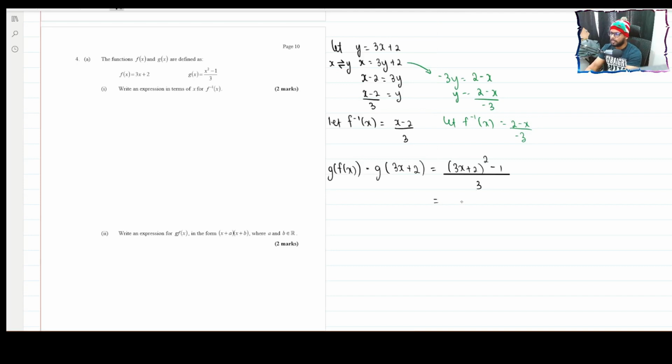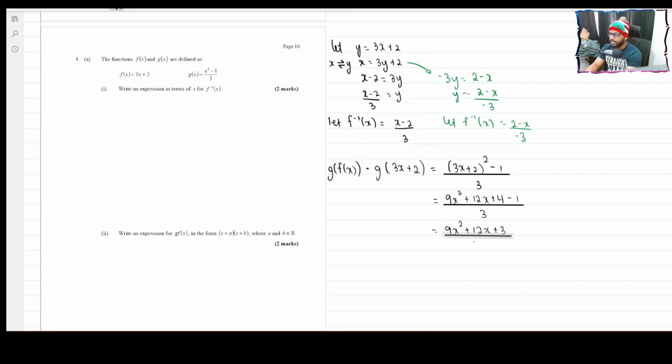Working on my numerator, by now, as Form 5 students, you all should be able to expand 3x plus 2 squared very easily. This is 9x squared plus 12x plus 4, take away 1, all over 3, which is 9x squared plus 12x plus 3, all over 3.